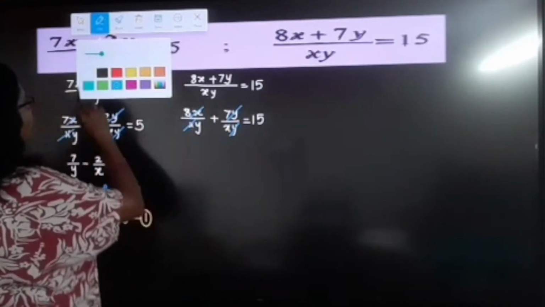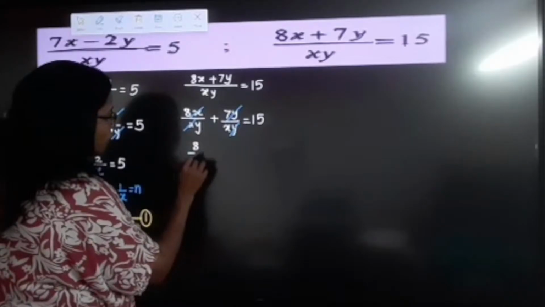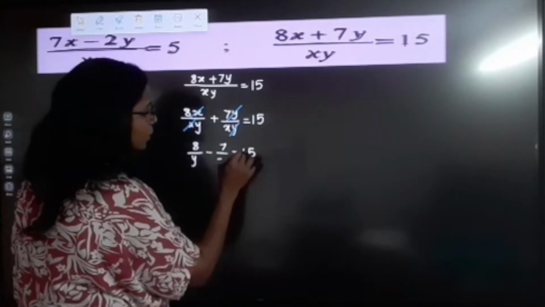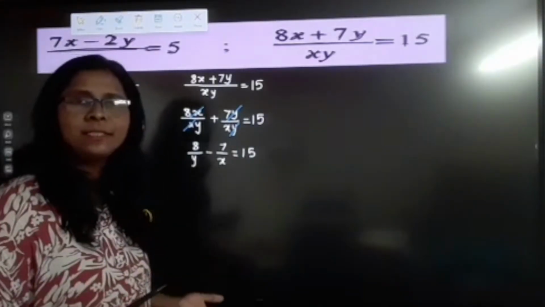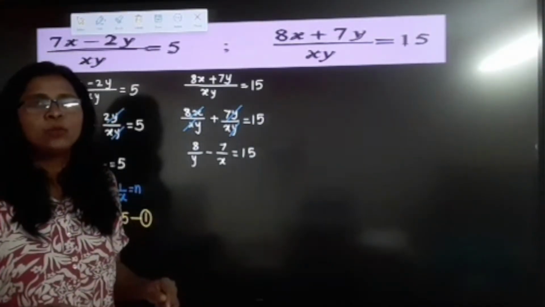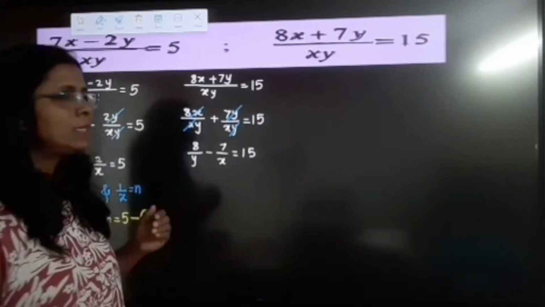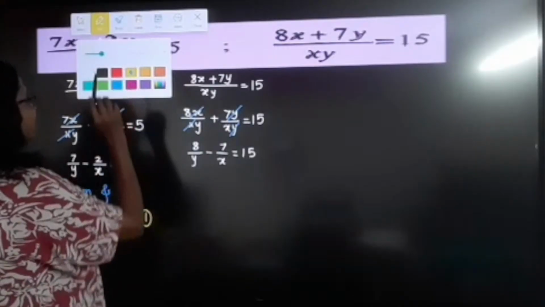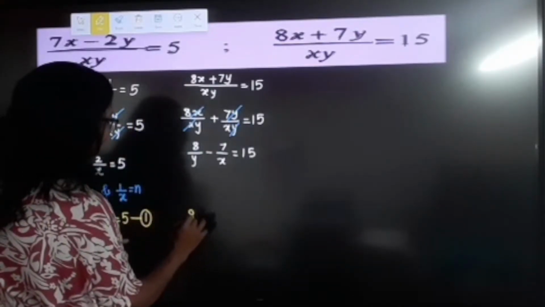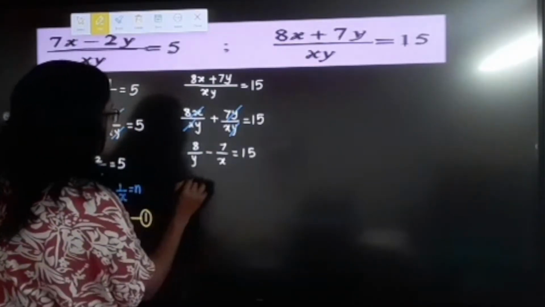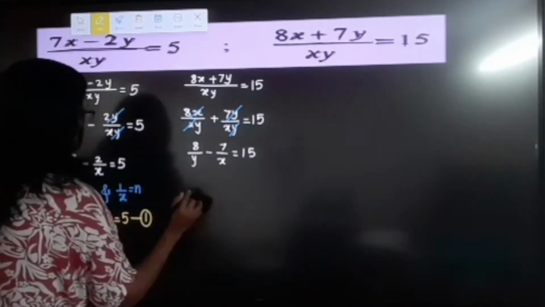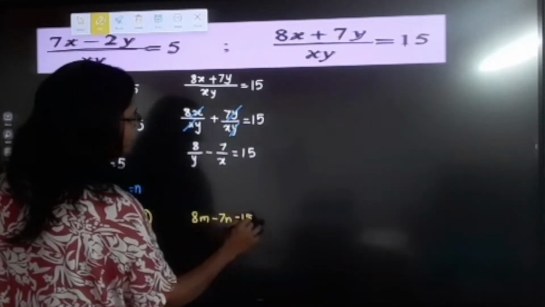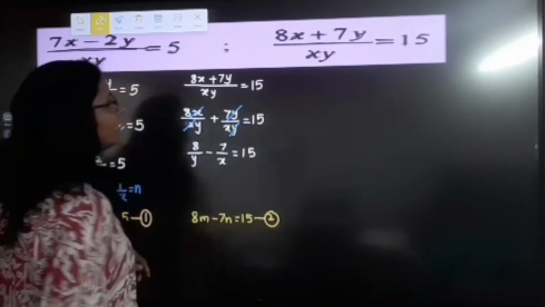So we get 8 upon y plus 7 upon x is equal to 15. Now with the consideration 1 upon y is equal to m and 1 upon x is equal to n, the second equation is 8m plus 7n is equal to 15, and we call it the second equation.